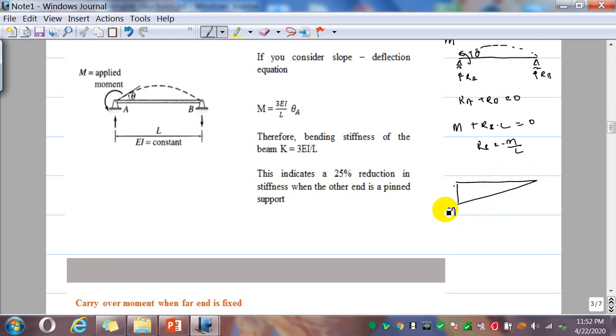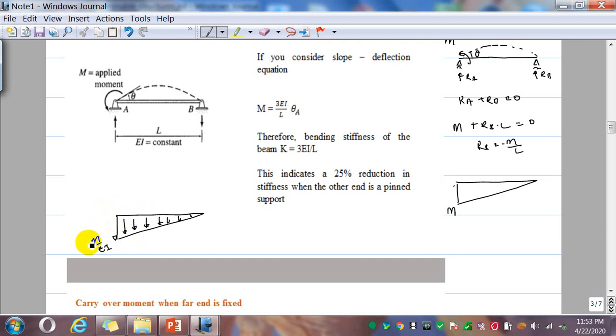Now if I draw the M over EI diagram, it is going to look like this, so that is minus M over EI. This is the M over EI diagram.